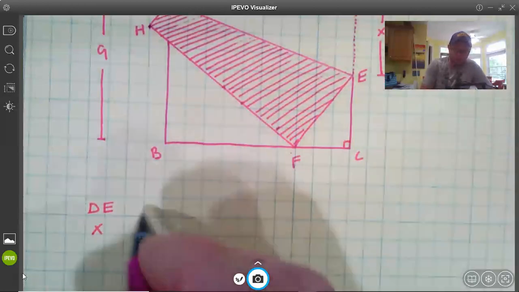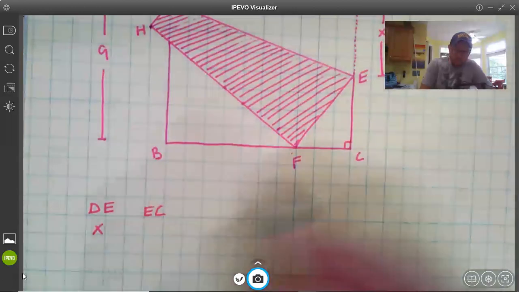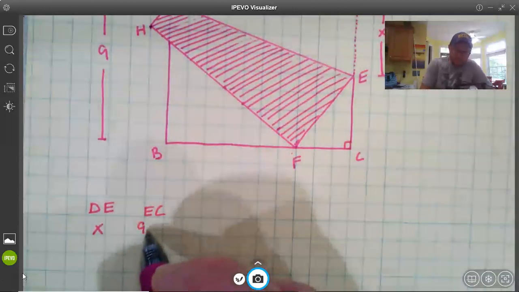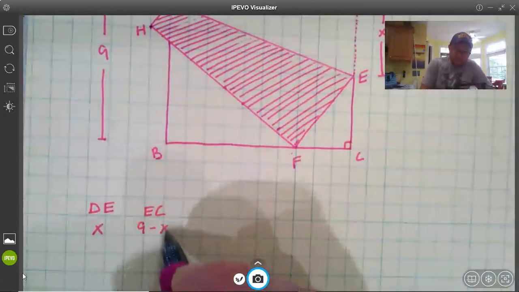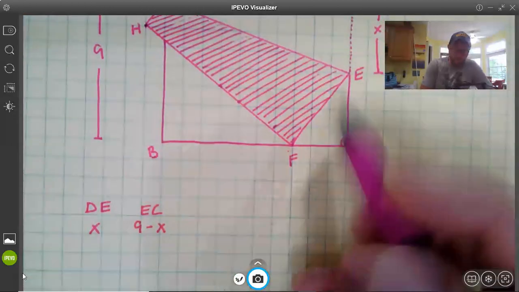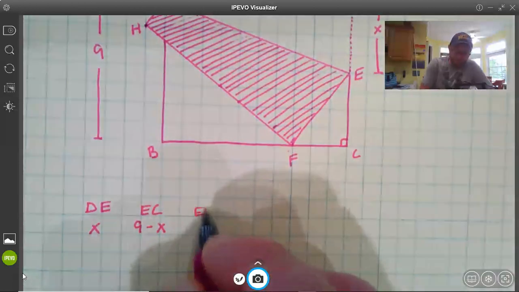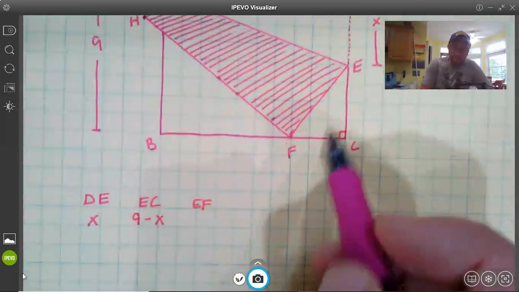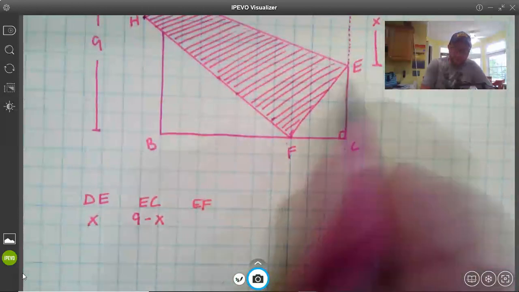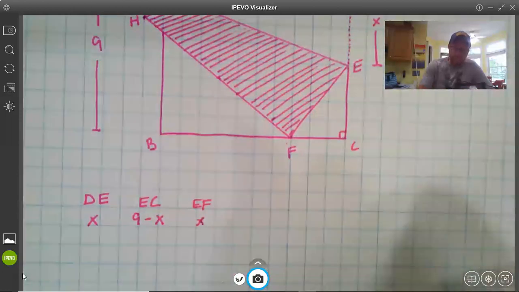And then we need to know EC, and we're going to calculate that as 9 minus x. And then EF, that's going to be the same as x. This is just the edge of the paper that's folded over.